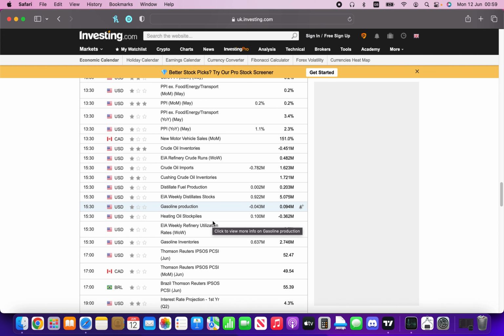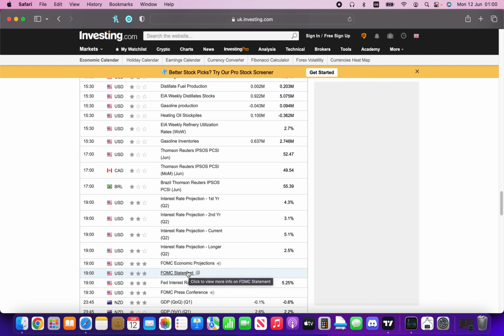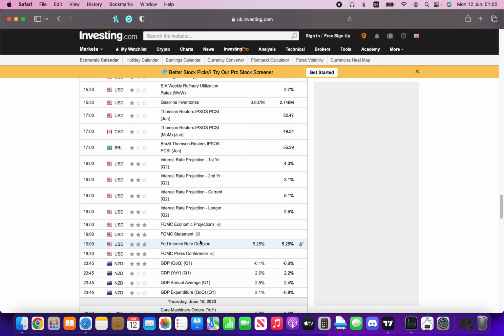And then we have Wednesday at 7 o'clock, FOMC projections and the interest rate decision as well. The statement basically comes out at 7 o'clock, followed by the press conference at 7:30.